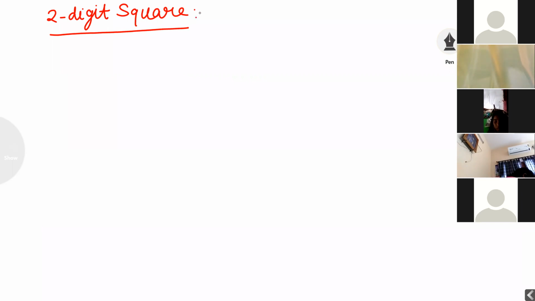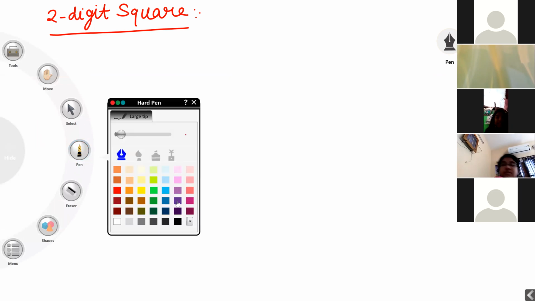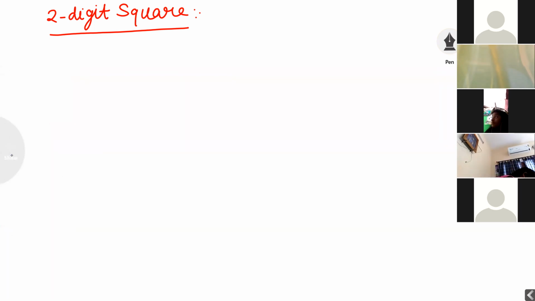If they have given any 2-digit number, how to find its square? Keep heading. 2-digit square. If any 2-digit number is given, how to find the square of that given number?